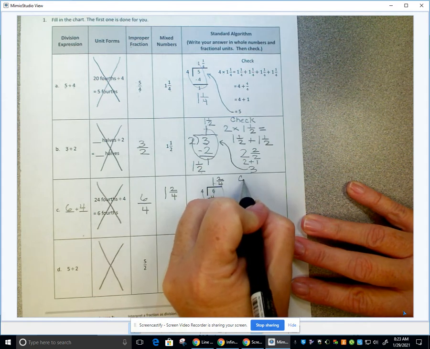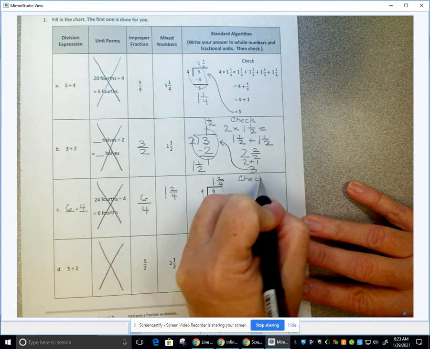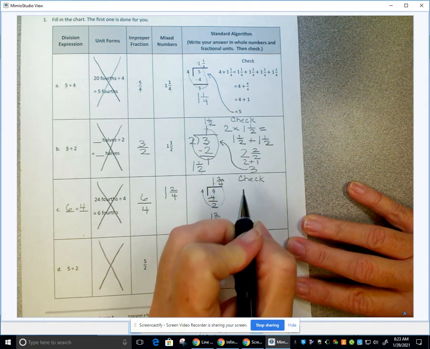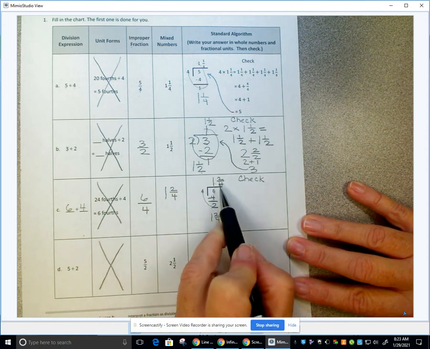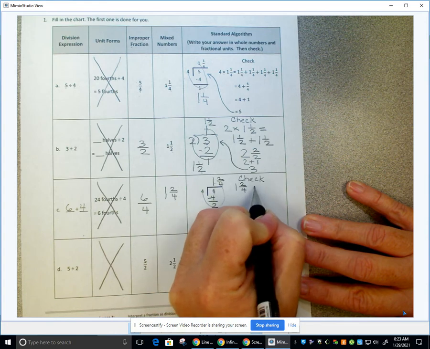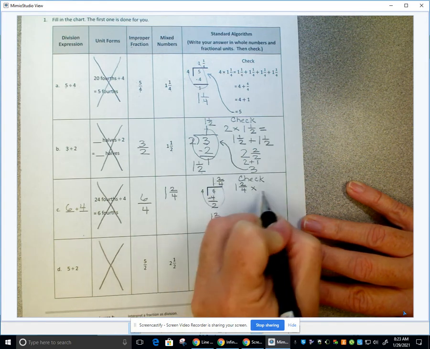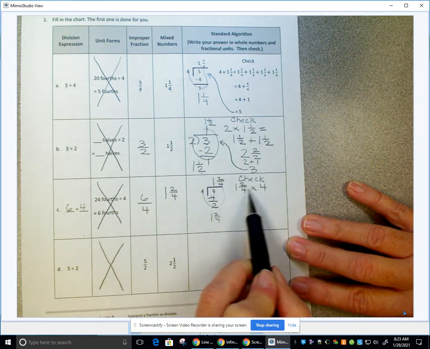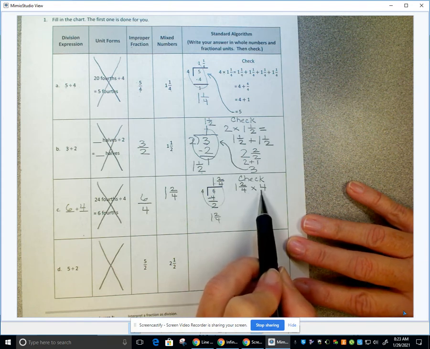All right, and over here I'm going to check it. Remember, we're going to do 1 2/4 times 4. Now, we don't know yet how to do this. We haven't learned it yet. So we're going to use addition to help us.